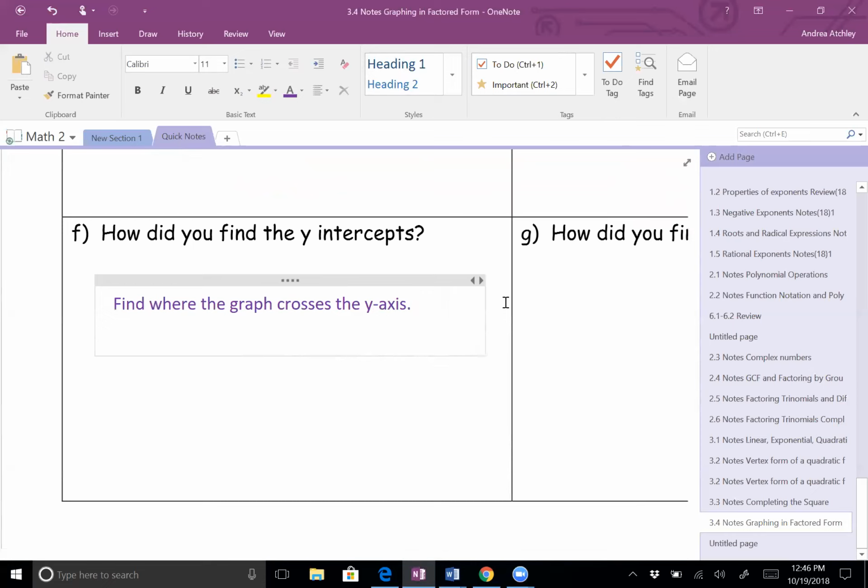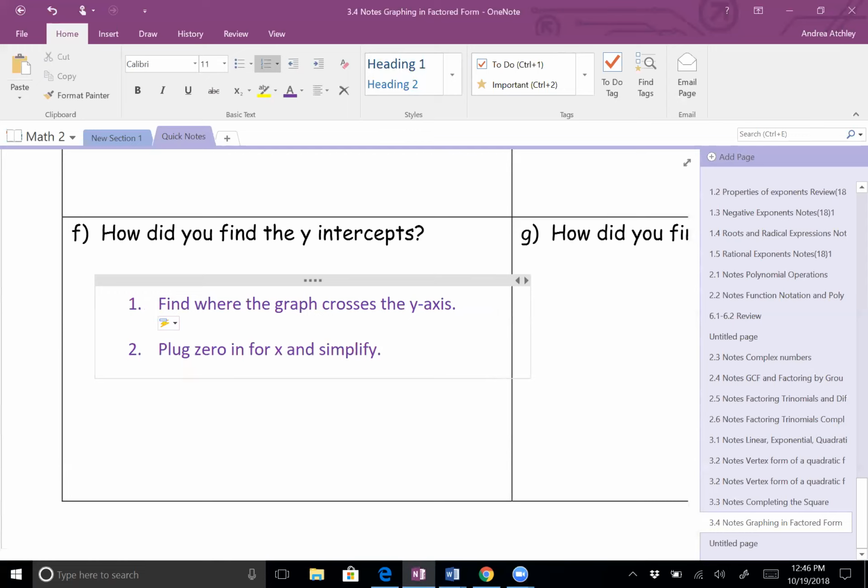Okay. There's another way too. Plug 0 in for x and simplify. If you plug 0 into x in the equation, then you can also find it.